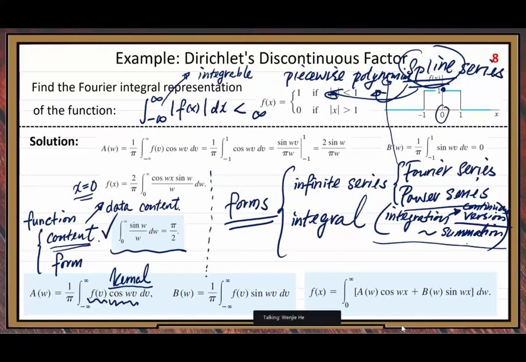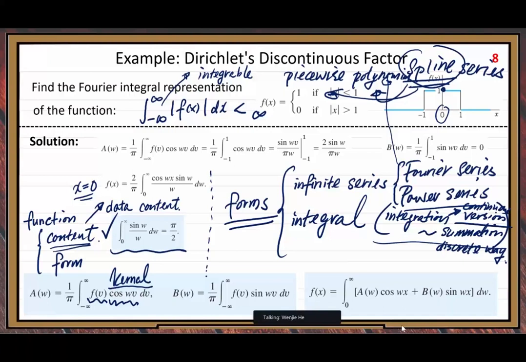You look at the object you are working on, that's the discrete way, right? Every time you add one term, two terms, three terms, that's the discrete way to work on the functions. One is a continuous way, another is a discrete way. That kind of understanding.